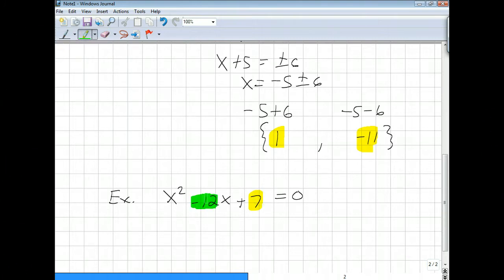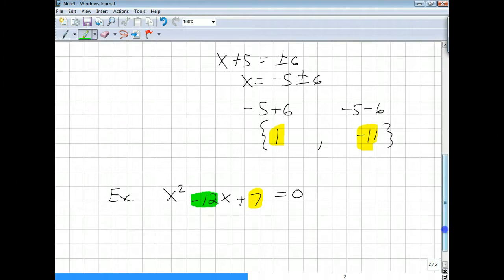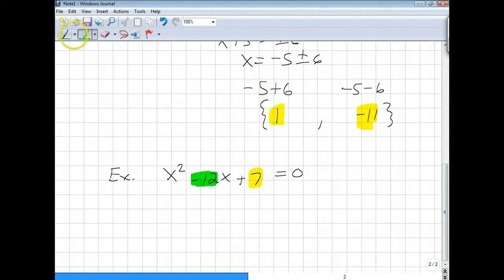So if we were trying to do factoring, we would have to say that it was prime. Well, it's actually not prime. It is actually an irrational number. But if we use the process called completing the square, we can find the solution to this equation.